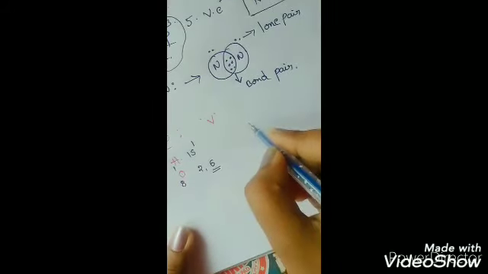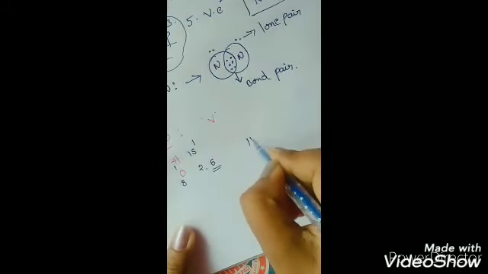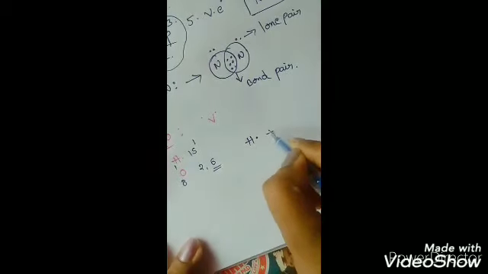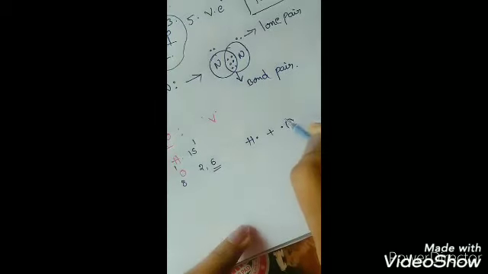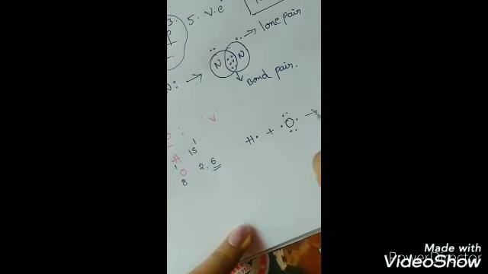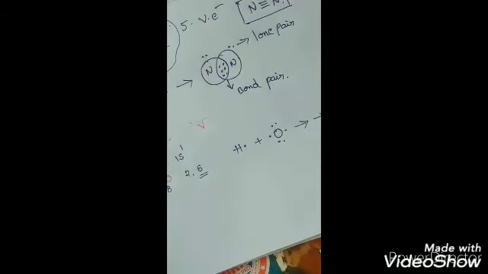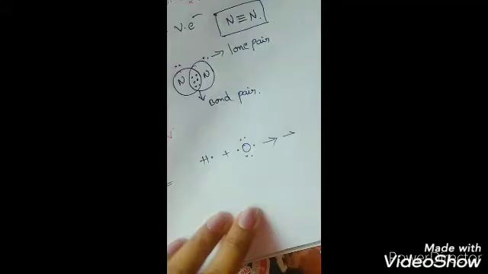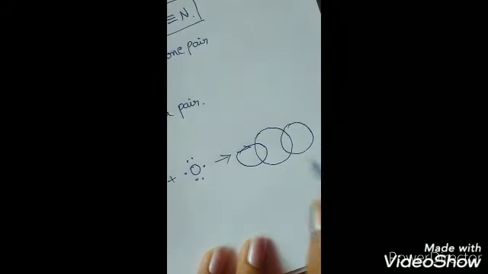If you observe the structure of the H2O molecule, H has 1 single electron, plus oxygen has 6 valency electrons. We can represent it like this, and if they combine, we get H2O.